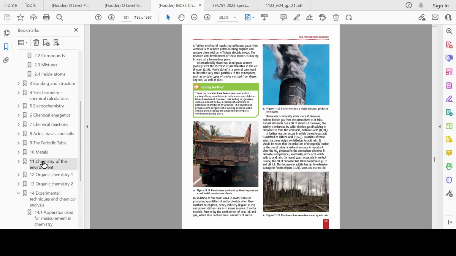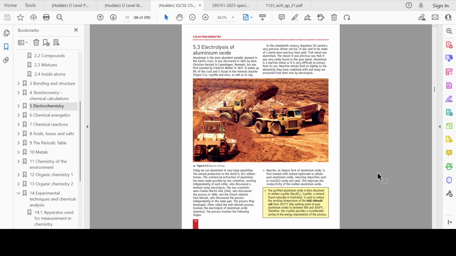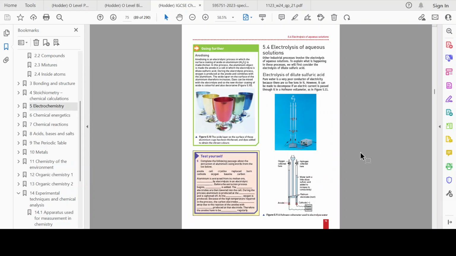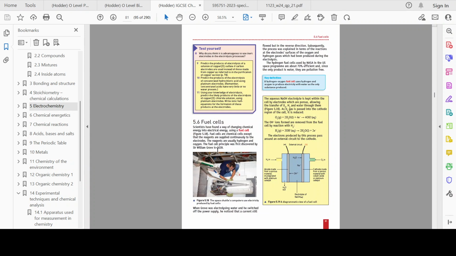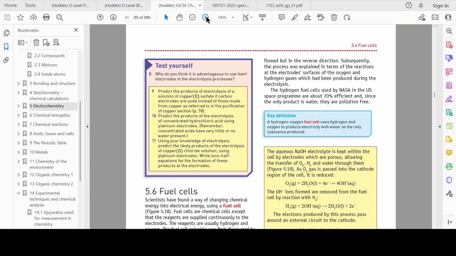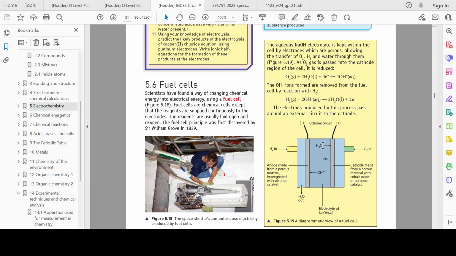But no, electrochemistry. Fuel cells. A hydrogen oxygen fuel cell uses hydrogen and oxygen to produce electricity, with water as the only substance produced. And they've given how that works over here.